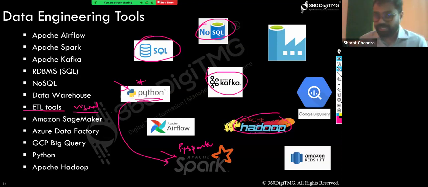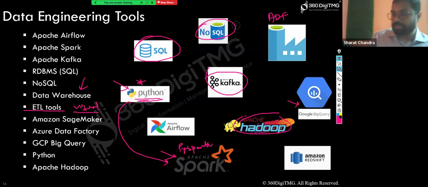Like AWS has Glue. ADF is very popular, Microsoft Azure Data Factory, which is a visual ETL tool. We'll be learning these. In GCP also we have Data Fusion. And then we have the data warehousing solutions. This is the destination.